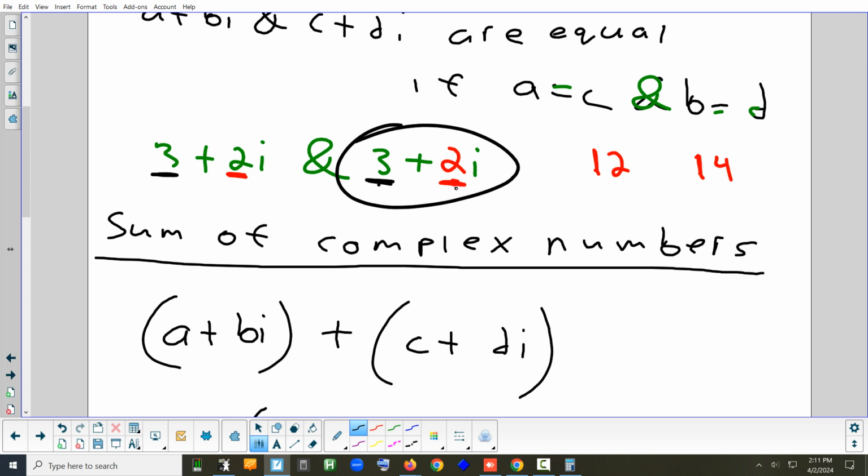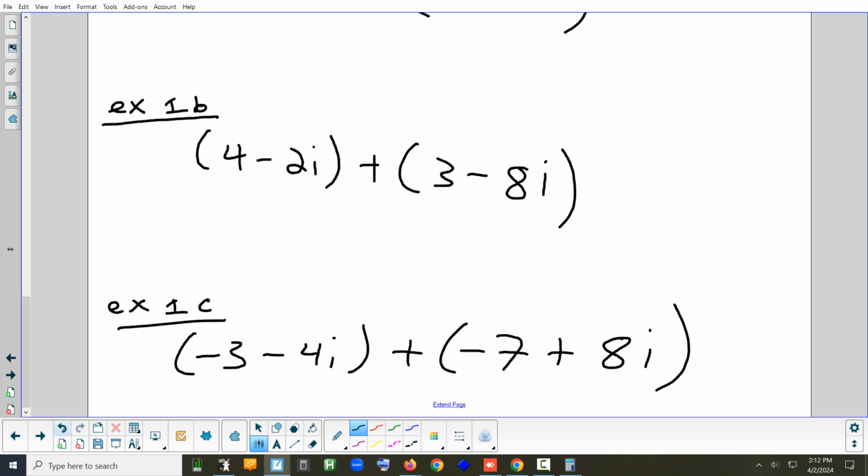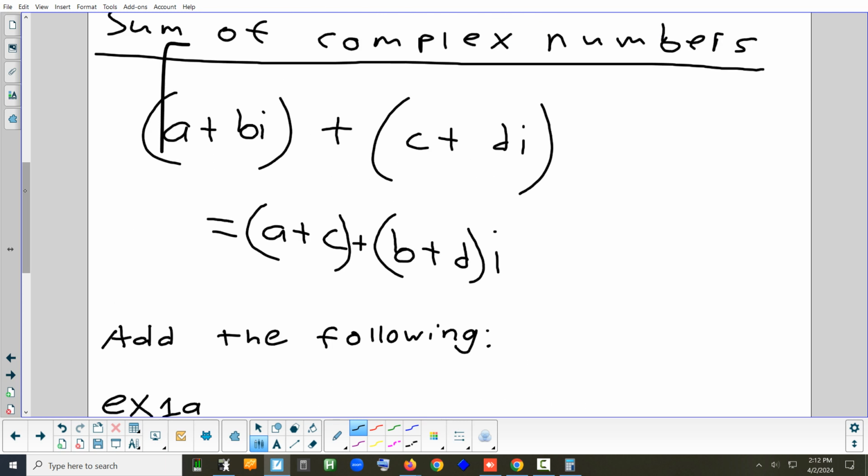No. Or 5. That doesn't work. So to combine two complex numbers with adding, you can add the real part for each complex number, the a and the c, and the imaginary part, the b and the d. Just remember, when you combine the b and the d together, put the i next to it so we know it's imaginary.